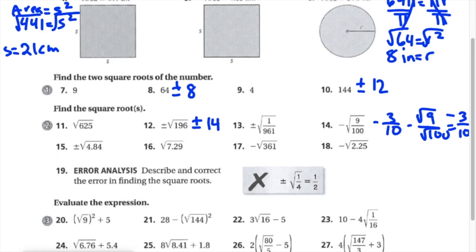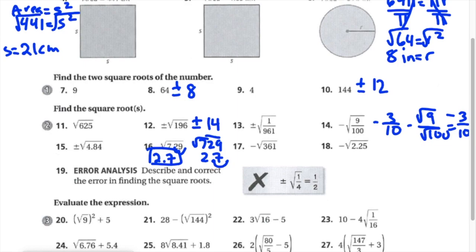Okay, so then 16, we talked about moving the decimal over twice, so this is actually the square root of 729. I know that the numbers are getting a little bit big, but if we did the work, we would know that the square root of 729 is 27. Then we move the decimal place back once, so the answer here is 2.7.